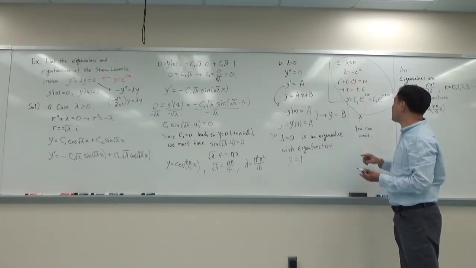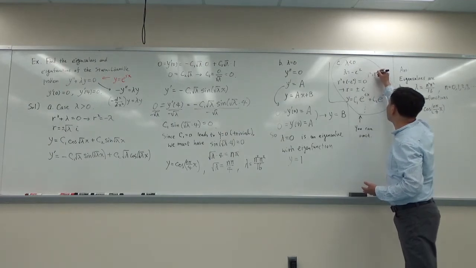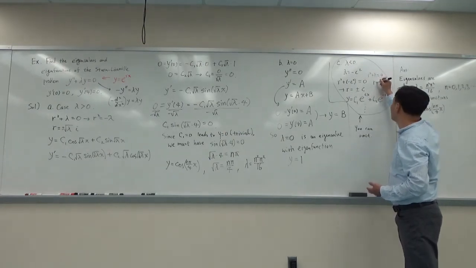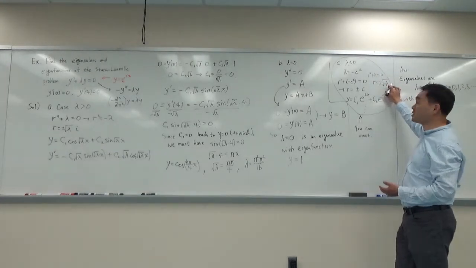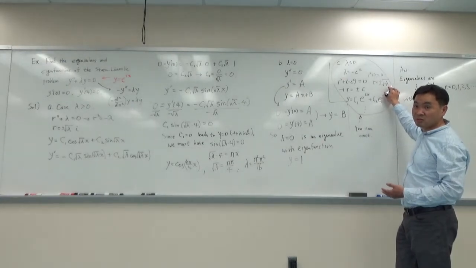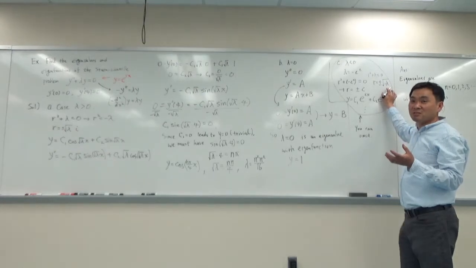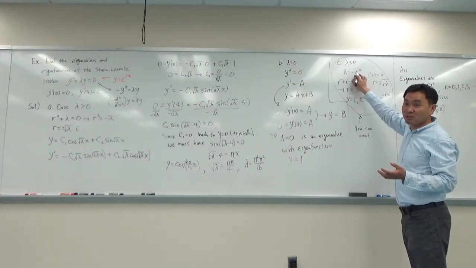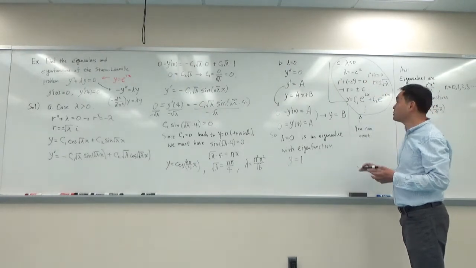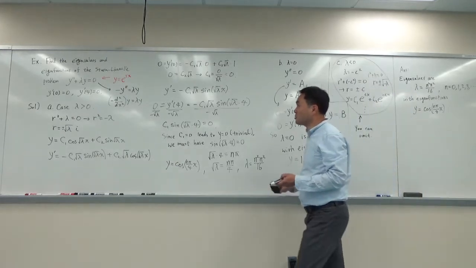If you don't do that, then the problem is if you just use r squared plus lambda equals 0, and you get r equals plus or minus the square root of negative lambda, this looks like an imaginary value, but it's not, because lambda itself is negative, so negative lambda is positive. So this is a real value, but it's really confusing, don't you think? So this is a good strategy to handle a negative number. I see. But again, you can omit this, so it's not a problem.